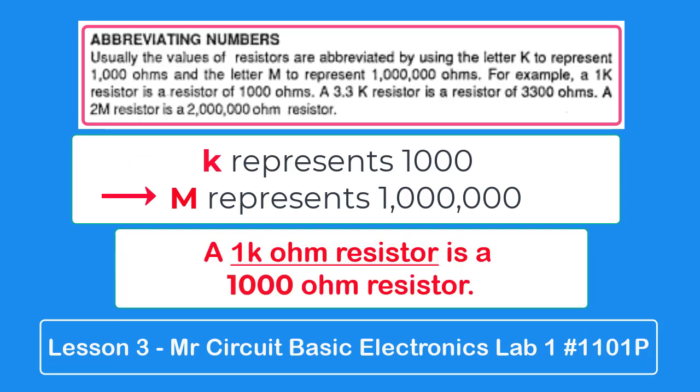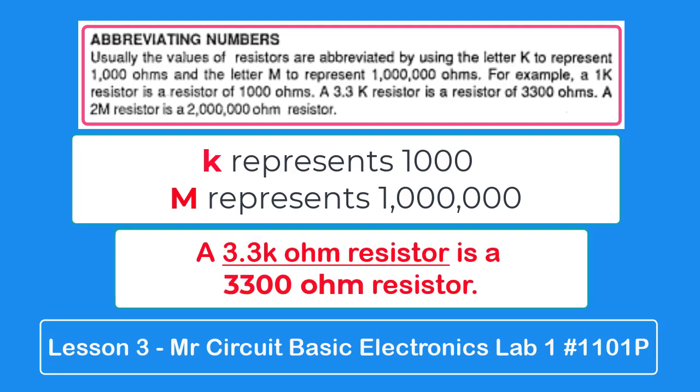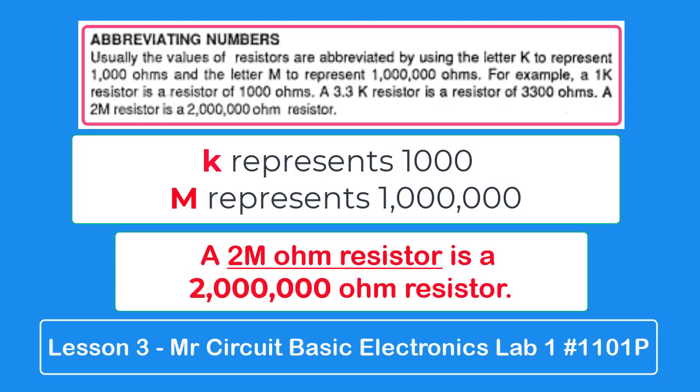For example, a 1K resistor is a 1000 ohm resistor, and a 3.3K resistor is a 3300 ohm resistor, and a 2M resistor is a 2,000,000 ohm resistor. So that's just a little note about abbreviating. Okay, we've covered this lesson, and now we're ready to go to lesson number 4 about the solderless circuit board.